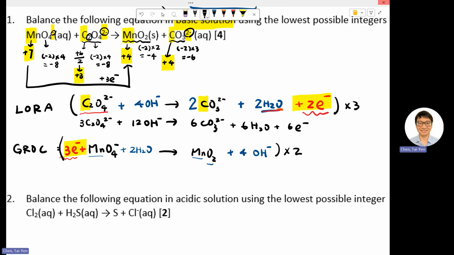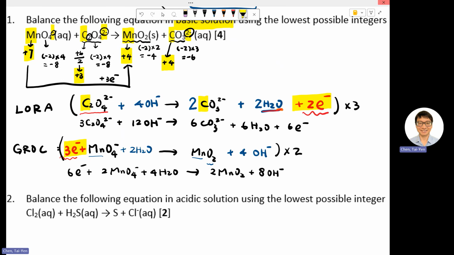Your G-rock will become 6 electrons plus 2 MnO4- plus 4 H2O, that gives 2 MnO2 plus 8 OH-.